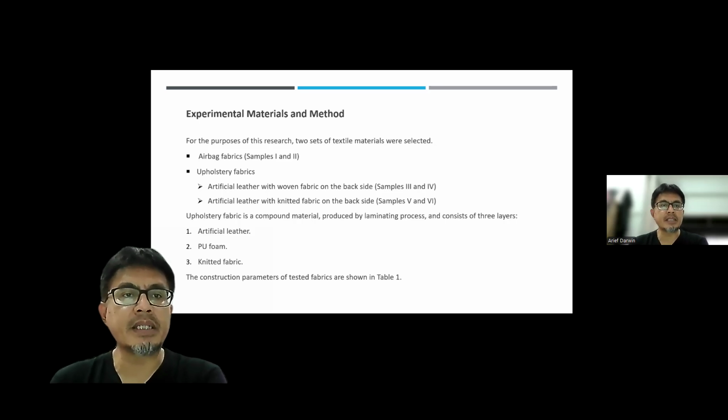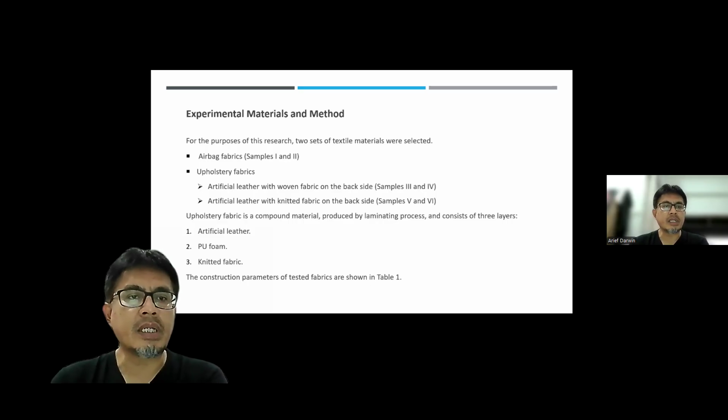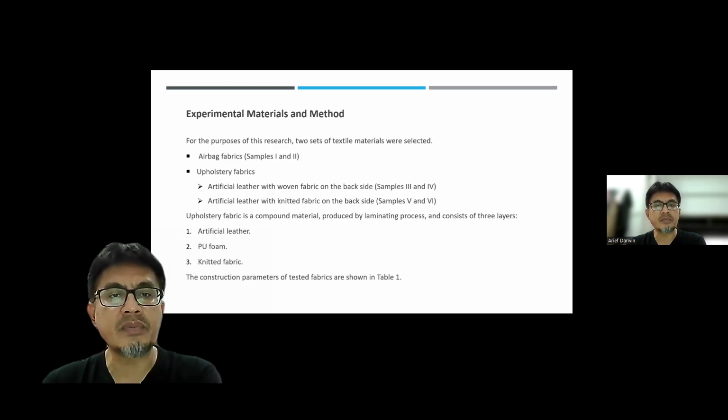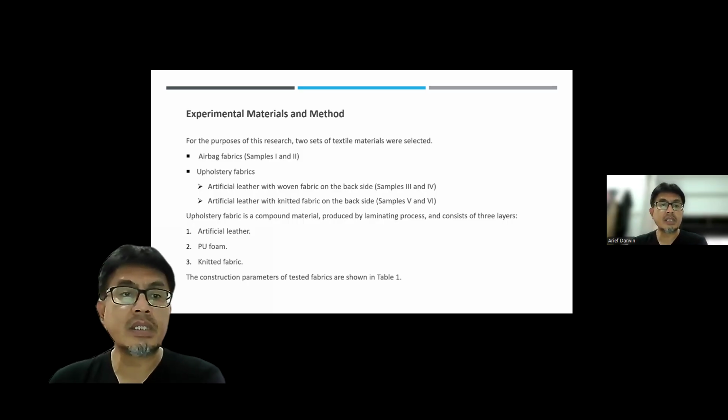Experimental materials and method. For the purpose of this research, two sets of textile materials were selected. For airbag fabric, there are two samples, sample 1 and 2. And for upholstery fabric, there are two groups also. One is the artificial leather with the woven fabric on the back side, samples 3 and 4.